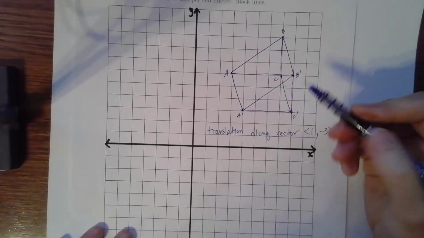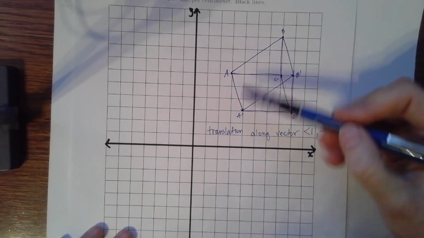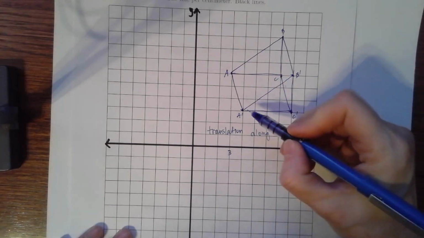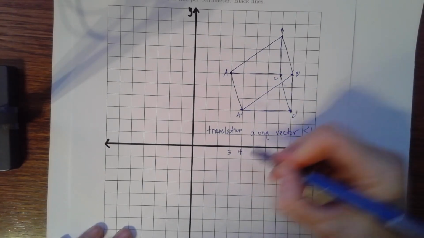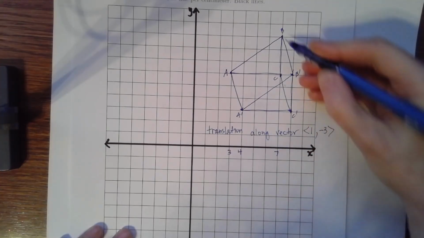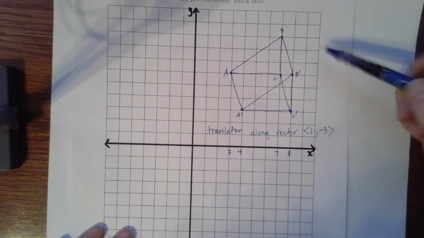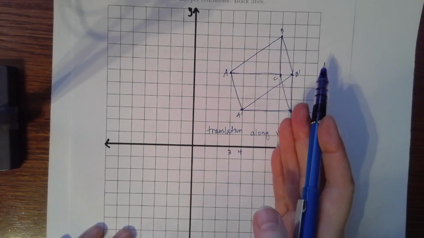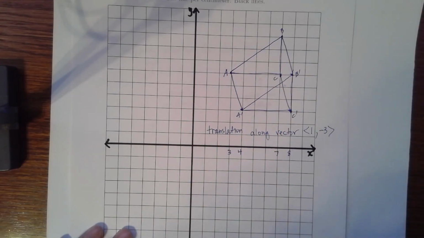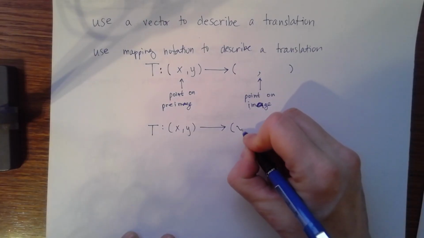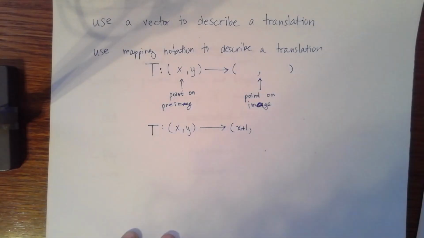What happened to every single x coordinate? Here, the x coordinate was 3, and it turned into 4. Here, it was 7, and it turned into 8. When we went right 1, we added 1 to the x coordinate. So our rule here could be add 1 to the x coordinate.